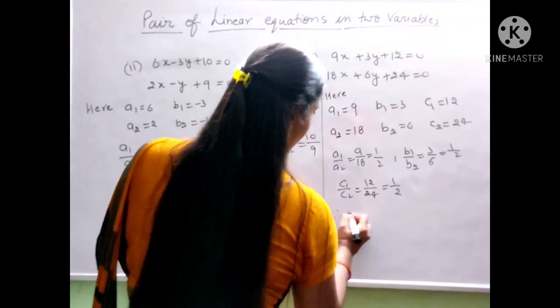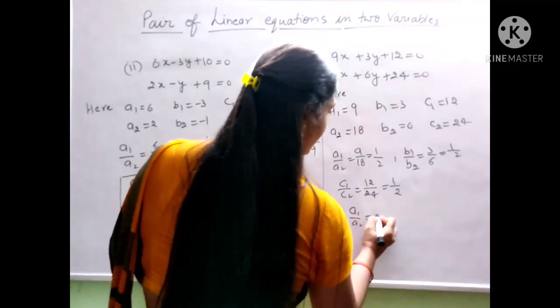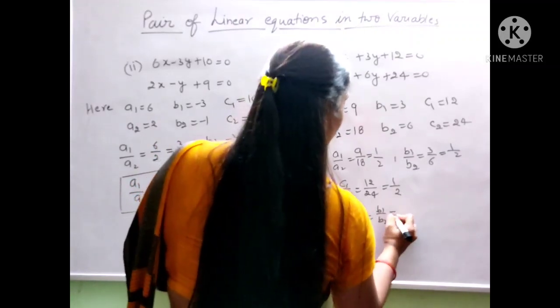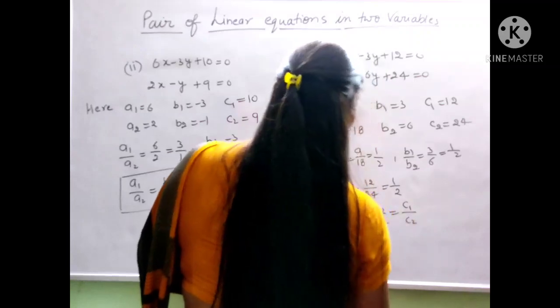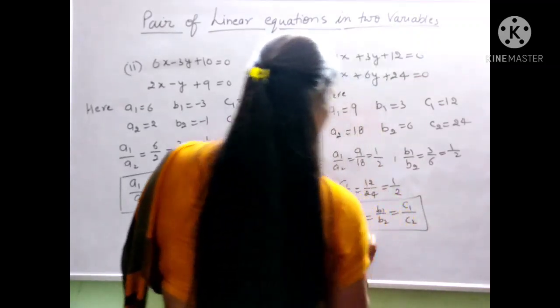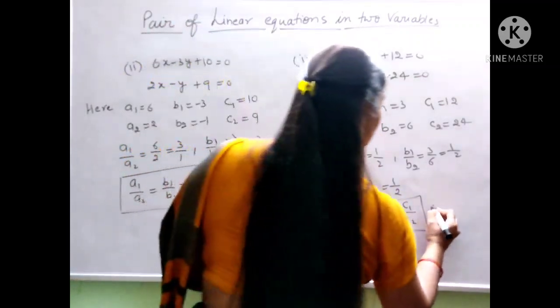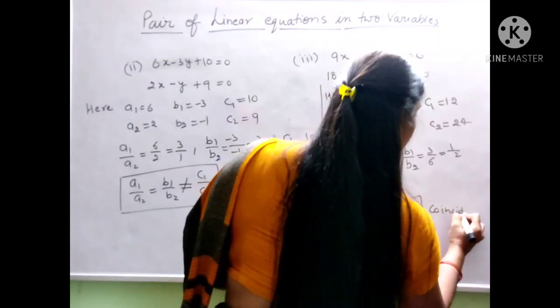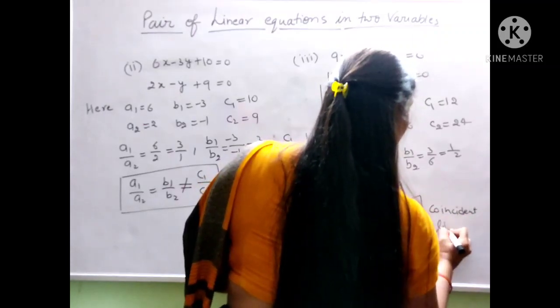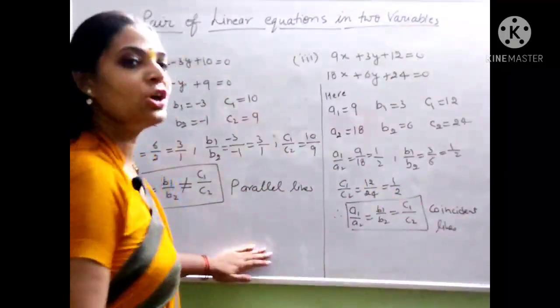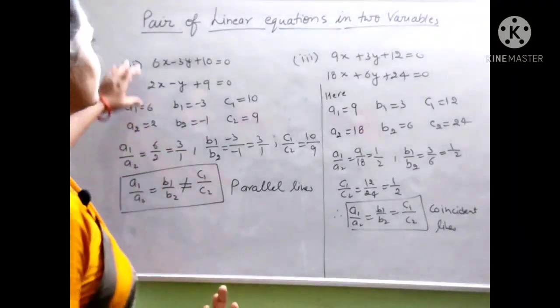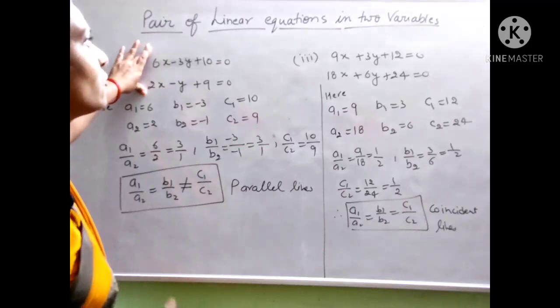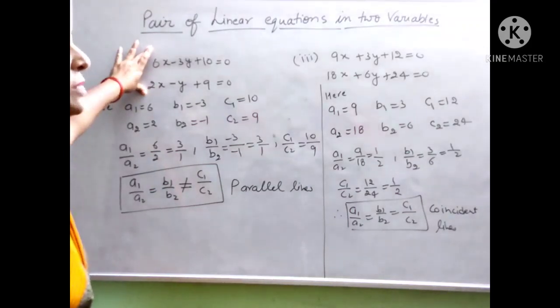So here we can see a1 upon a2, b1 upon b2 and c1 upon c2, all the values are equal. Then this condition says the given lines are coincident lines. So in this way you can check the type of the lines which are represented by the pair of linear equations in two variables.